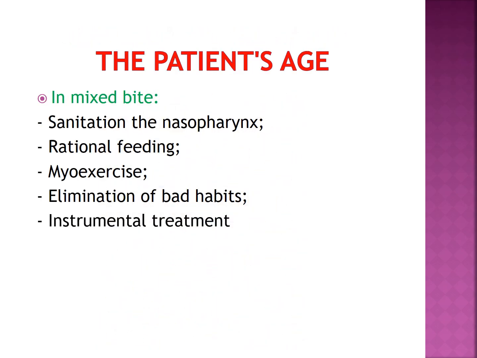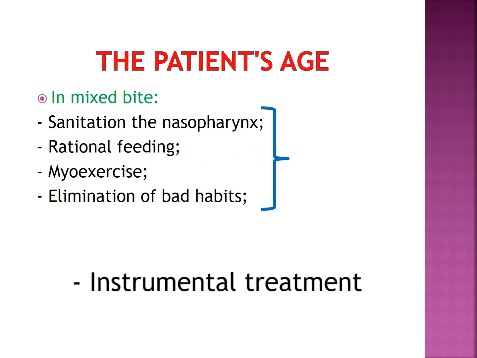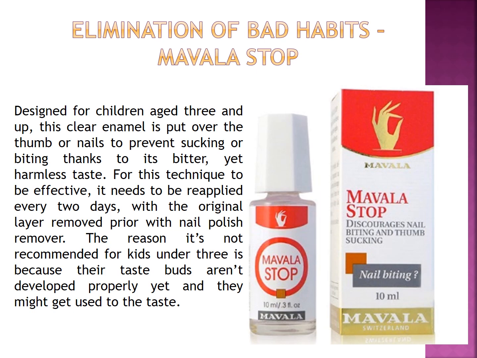In mixed bite period, what we need to do? The same way, sanitation of the nasopharynx, rational feeding, exercise, elimination of bad habits, and only then instrumental treatment. The same Nipit hand stopper in mixed bite period, the same Mavala.